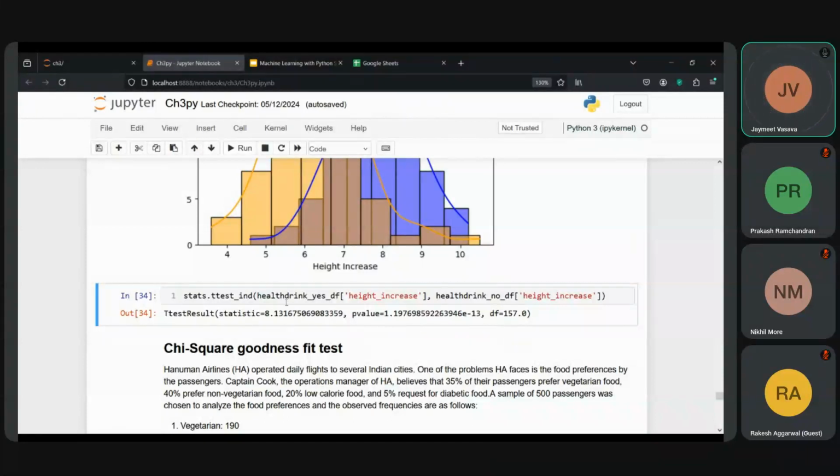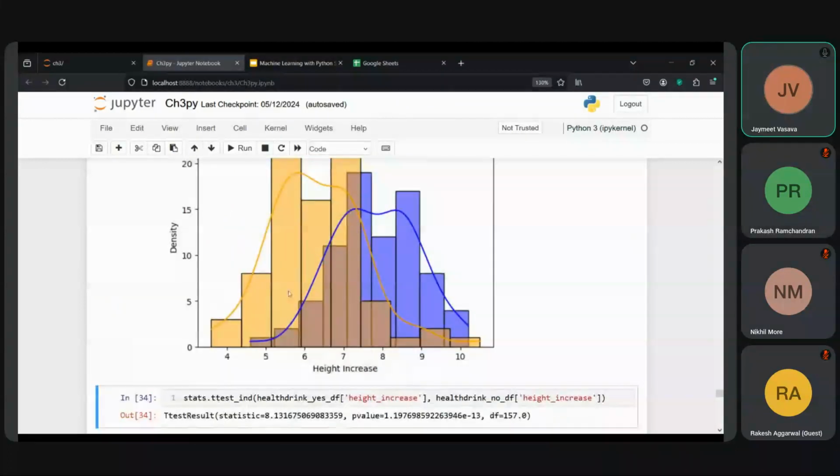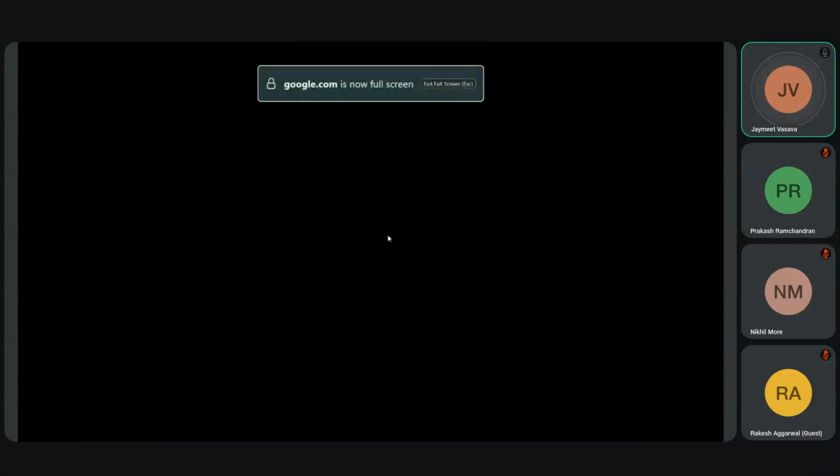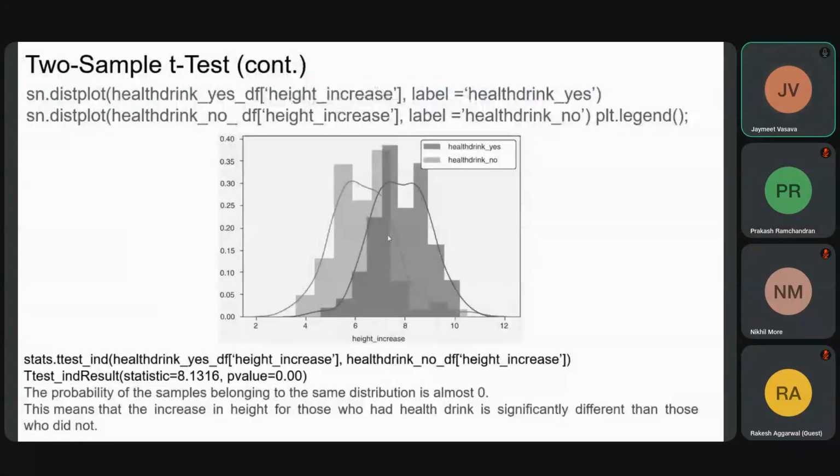So for the first few decimal points, we can say it's 0. So we can say that for the children who had health drink, the increase in height is significantly different from those who did not drink.